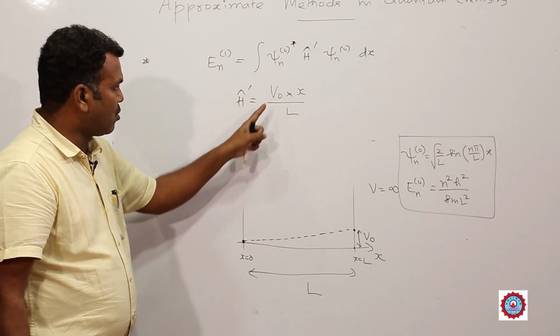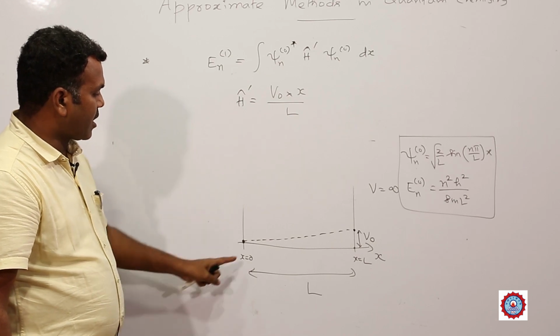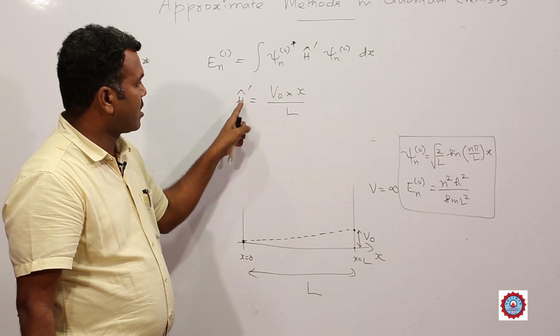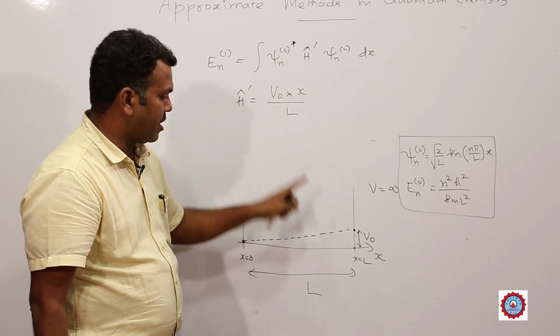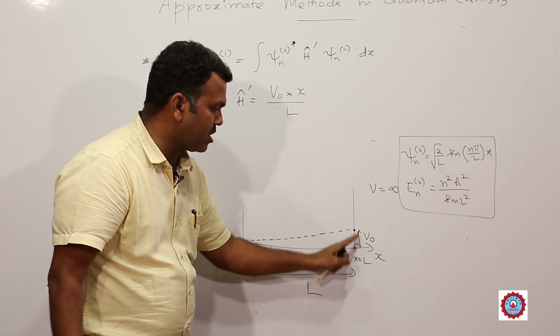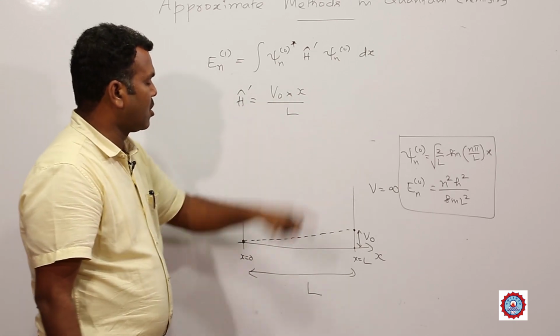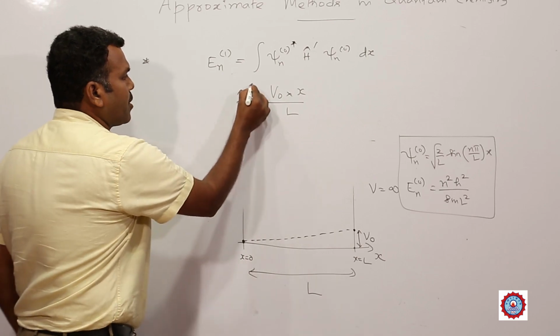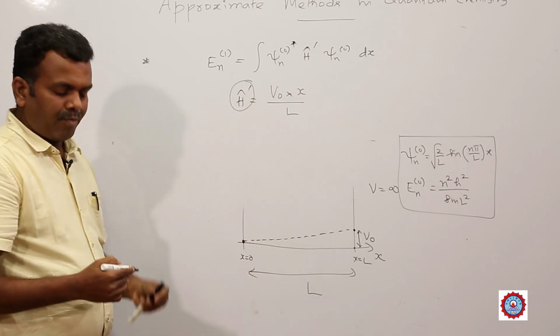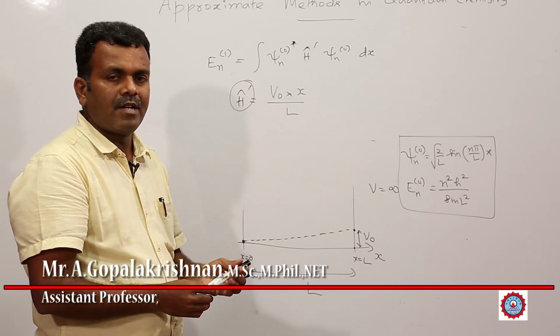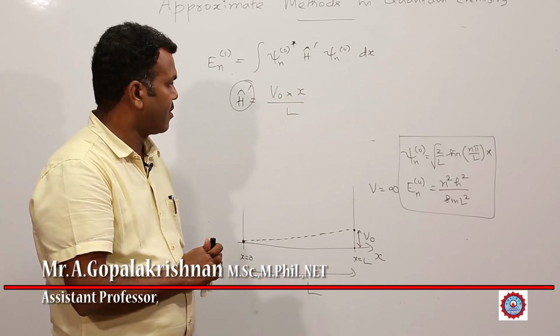That means there is no potential energy at x equal to 0. If you put x equal to L here, L cancels, you will get the potential energy as V naught. And as x increases, potential energy also increases. So, this H operator prime is nothing but the potential energy operator for the perturbed system.